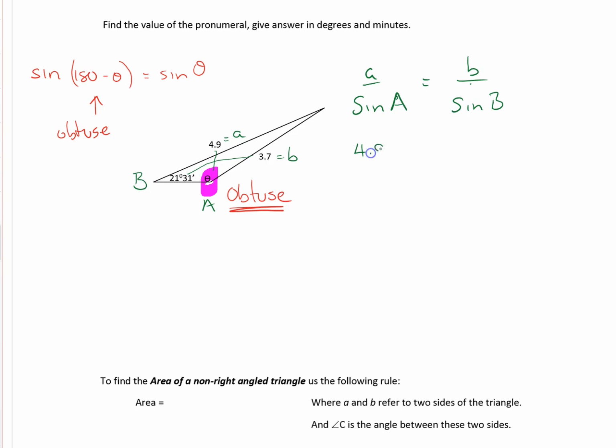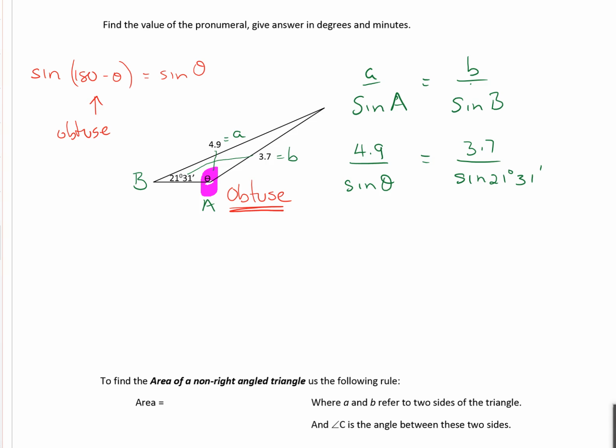So I've got 4.9 on the sine of theta, there's my unknown, is equal to 3.7 on the sine of 21 degrees, 31 minutes. Now, no problem with any of those values. We've got three values and one unknown, perfect, in an equation.